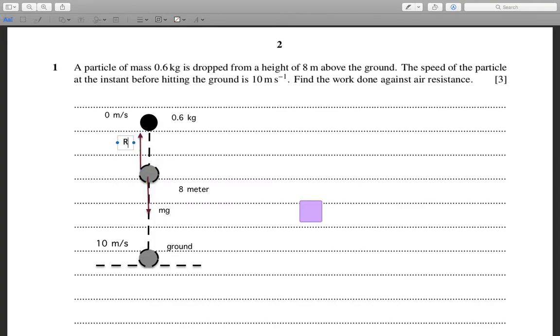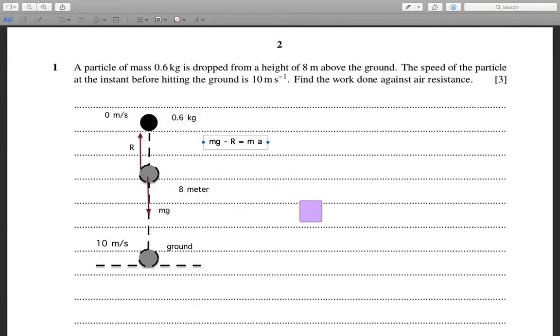Let's say this is R. For the motion of this particle, we use the total force on the particle: mg minus the resistance force equals ma.